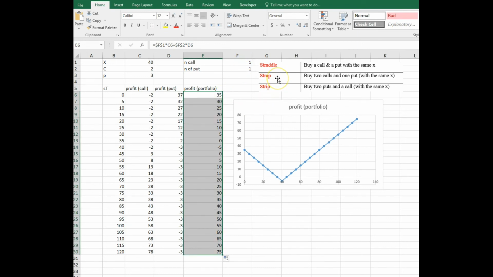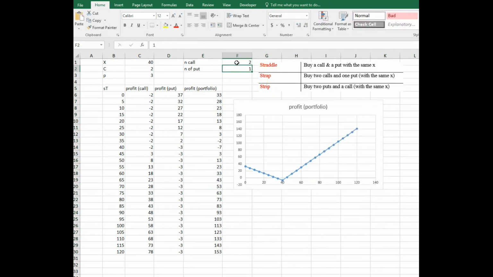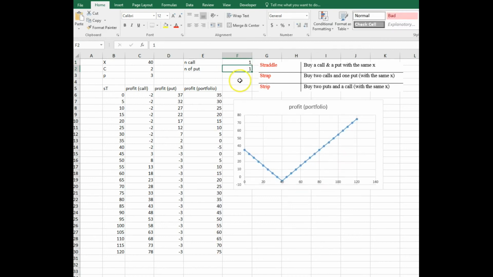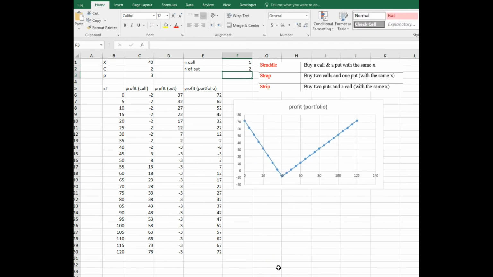For the strip, we increase this by 2. You see this one changed. For this strategy, this is 1, then this is 2. That's it. We have high probability stock going down compared with the probability stock going up.